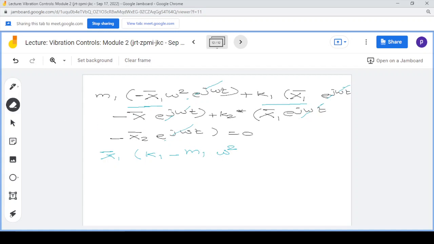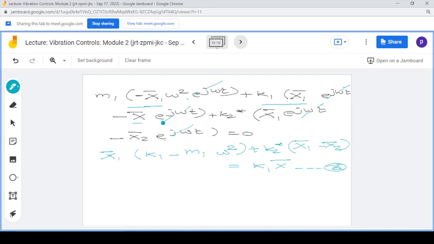Then what is remaining? This x bar term we will transfer to the right side and then combine these two. So plus k2 star into bracket x1 bar minus x2 bar, and this equals k1 x bar. Let us call this expression 3.